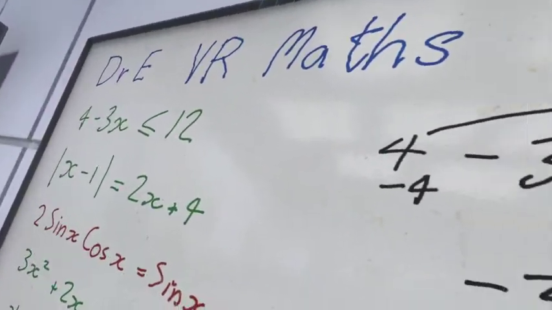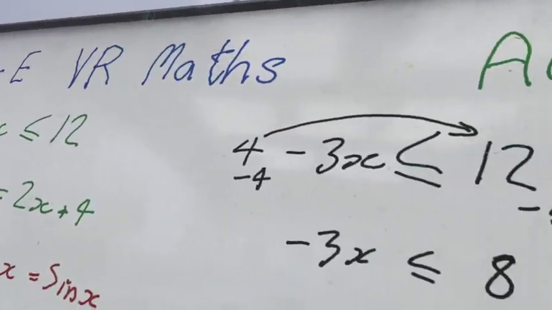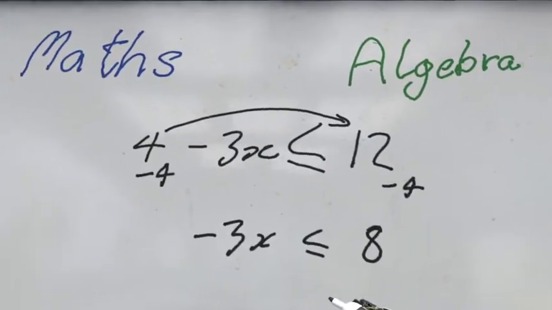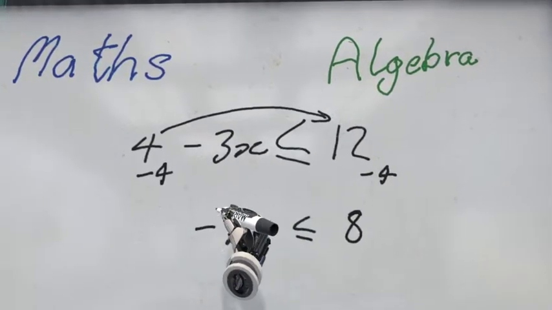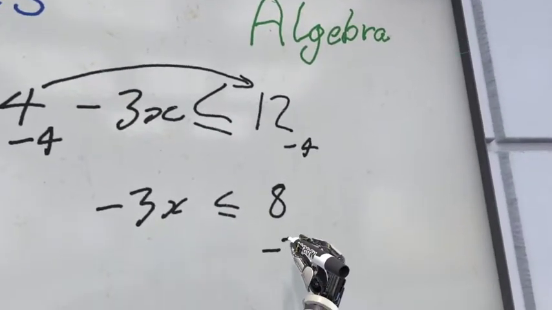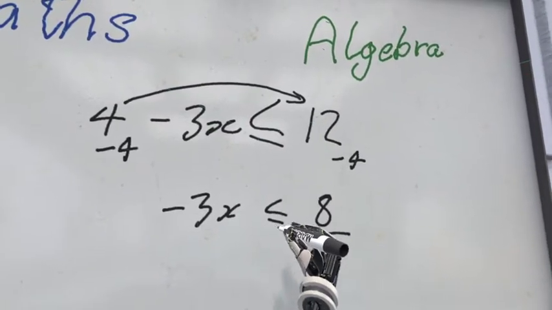Now this is a multiple choice question, so you're given a bunch of answers, but when you're doing multiple choice, what I suggest you do is don't look at the answer. Just work through it because you're smart enough to know it. Here you're going to divide by minus 3. So if minus 3 goes over here and you're dividing by it, this sign is going to reverse.